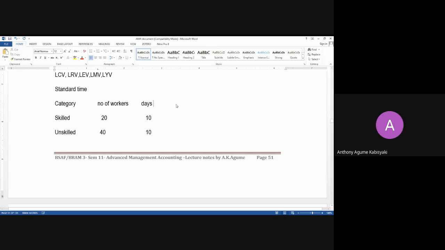So that means the total time, the total days, is going to be 20 times 10, which is 200, and 40 times 10, which is 400.